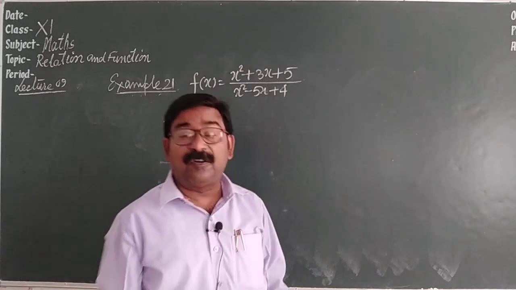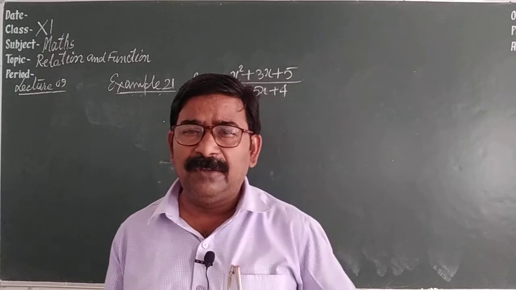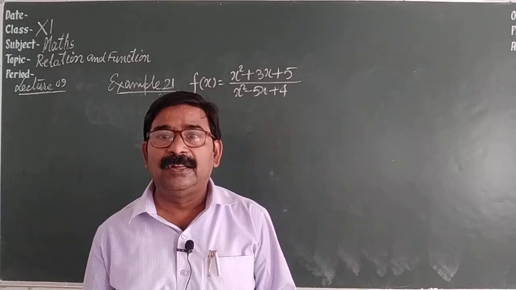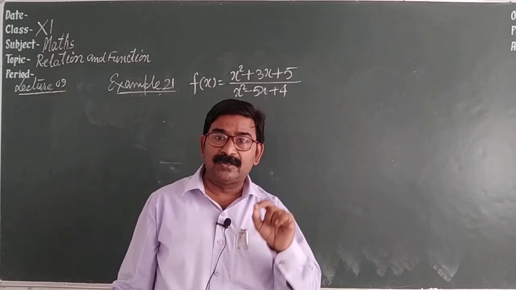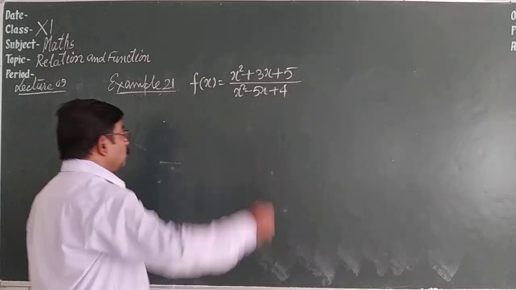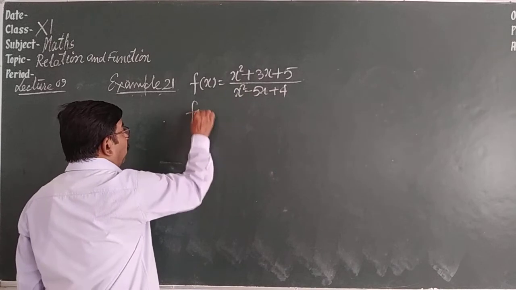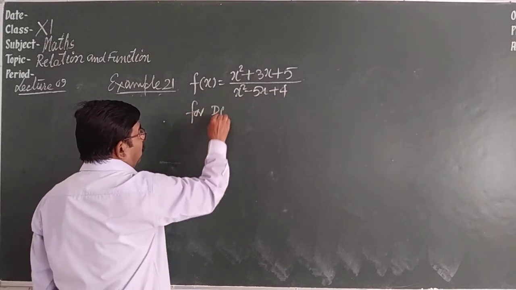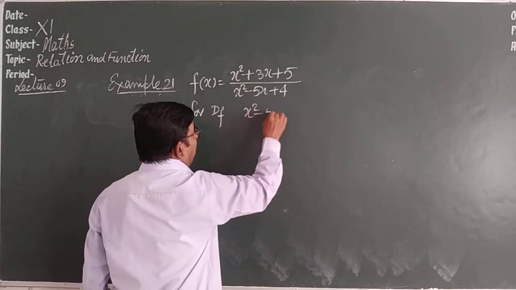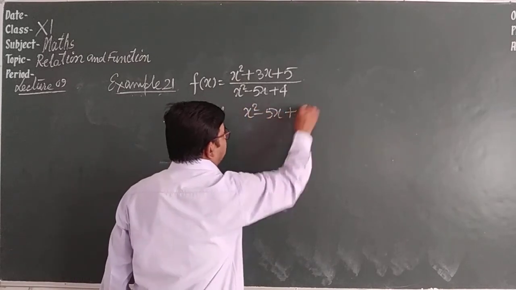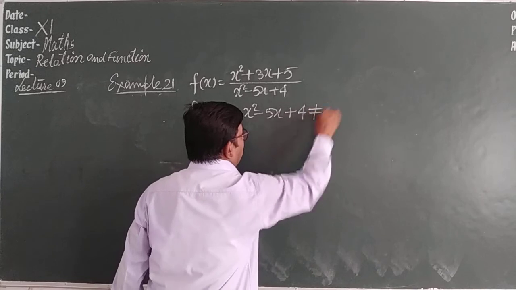And a rational function exists only when the denominator is not equal to 0. So, for the domain of the function, x square minus 5x plus 4 is not equal to 0.